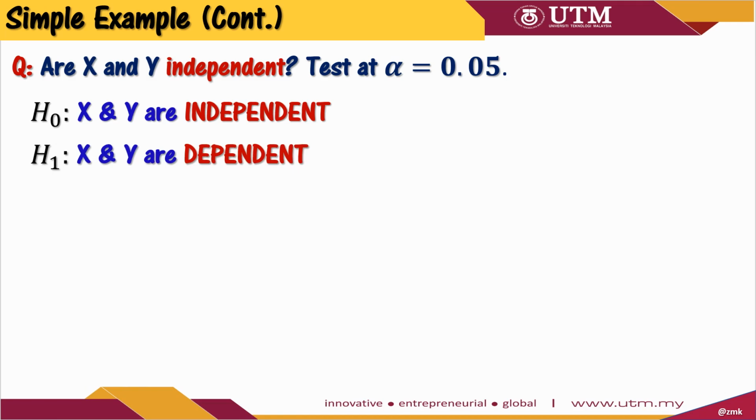For your information, the word independence can also mean no association or no relationship between the two variables, which means you can investigate whether there is any association or relationship between two variables using this chi-squared test approach, provided, I repeat, provided that the two variables are categorical variables which have a number of subcategories as discussed earlier.